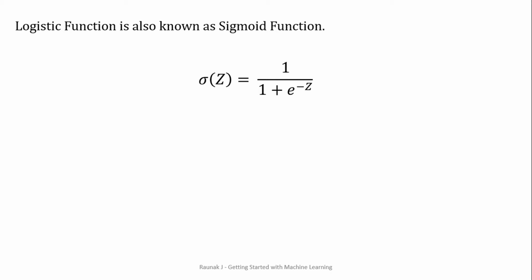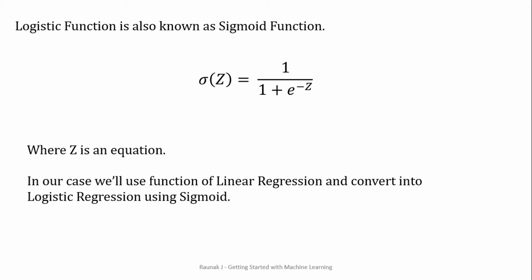Sigma of z indicates that I place z in the exponential, where z is an equation, obviously: the equation of linear regression, which is beta naught plus beta 1 into x of i. In our case, we will use the function of linear regression and convert it into logistic regression using sigmoid. That is our goal.